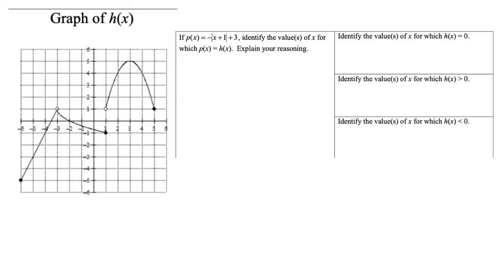All right, so let's see. If P of X is one thing, identify the values for which P of X equals H of X. We can add that P of X up to our graph or down here. So P of X is going to be flipped over. It's moved to the left 1 and up 3.